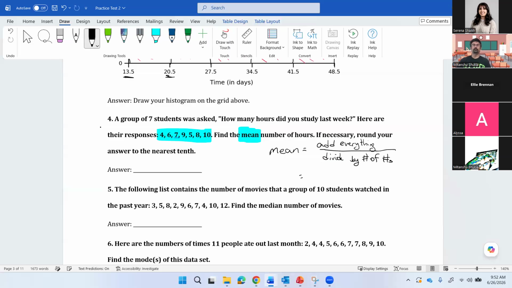So we're going to do 4 plus 6 plus 7 plus 9 plus 5 plus 8 plus 10. And we're going to divide by 1, 2, 3, 4, 5, 6, 7. They told us that there were 7 students, so we're going to divide by 7.